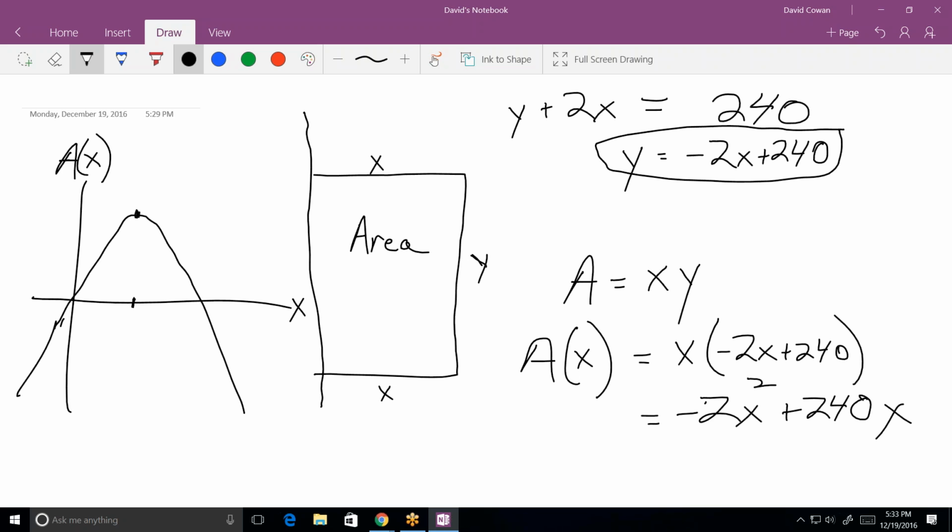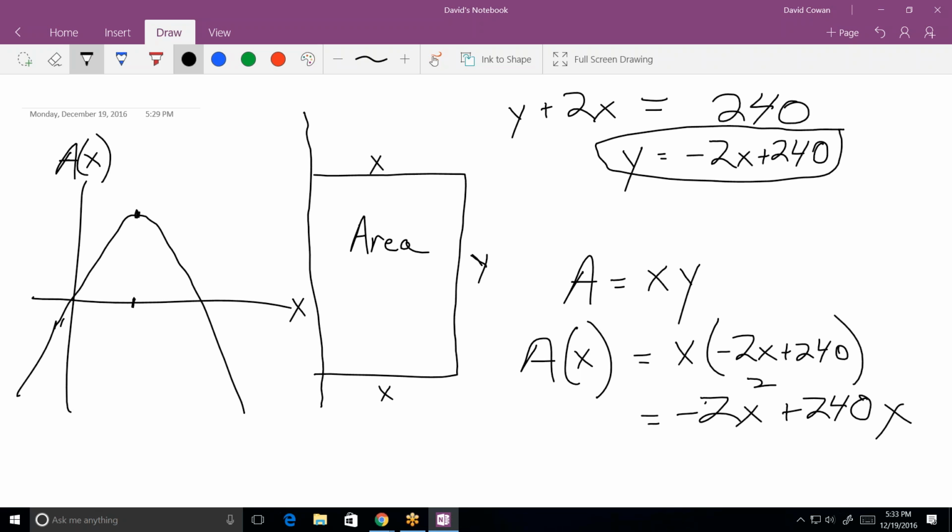If x were less than that amount or greater than that amount, then the area would be less, right? The only coordinate we need is the x-coordinate of this vertex. They didn't ask us what the maximum area was. They just asked what dimensions should be used to maximize area.